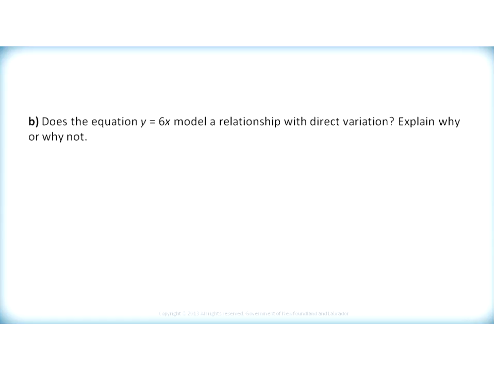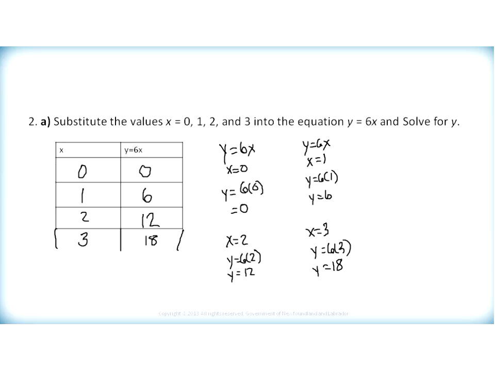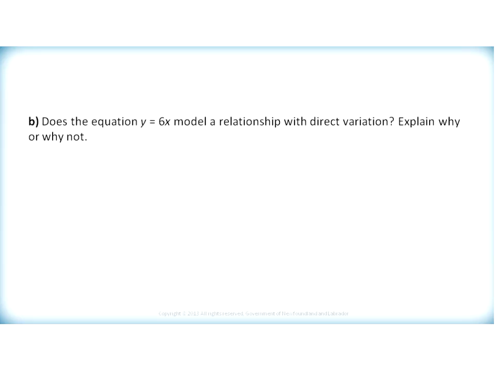So does the equation y equals 6x model a relationship with a direct variation? Explain why or why not. Well, looking back here, when my independent variable is 0, my dependent variable also gives me a value of 0. So it does appear to me that we do have a direct variation relationship here.